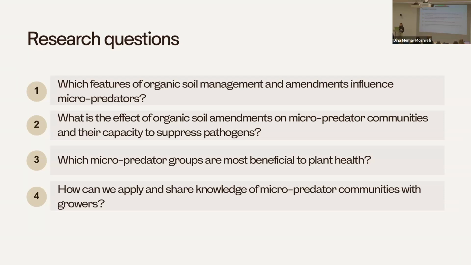We want to learn which features of organic soil management and amendments can influence micropredator communities, and what effects they have on these communities and their capacity to suppress pathogens. We also want to identify micropredator groups that would be most beneficial for plant health, and know how we can best apply and share this knowledge for the benefit of organic growers.